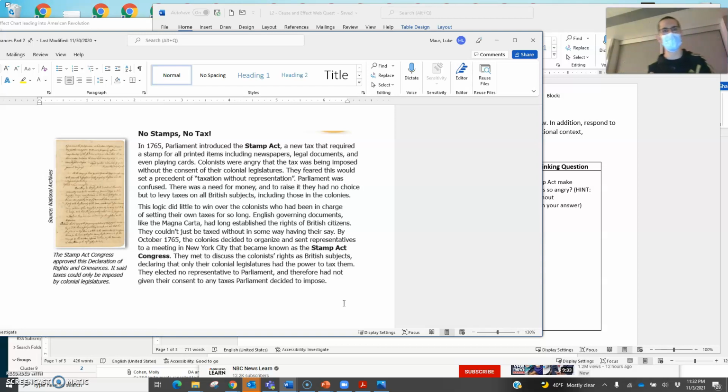They met to discuss the colonists' rights as British subjects, declaring that only their colonial legislatures had the right to tax them. They elected no representative to Parliament, so there was no American who had votes in the British Parliament, and therefore had not given their consent to any taxes that Parliament decided to place on them.